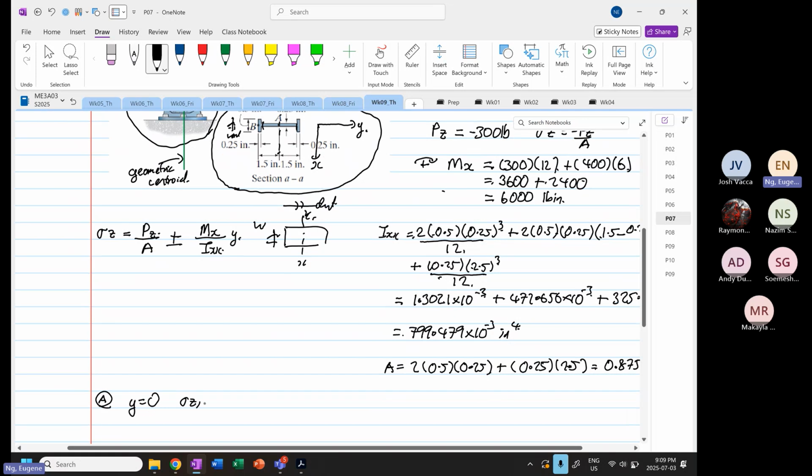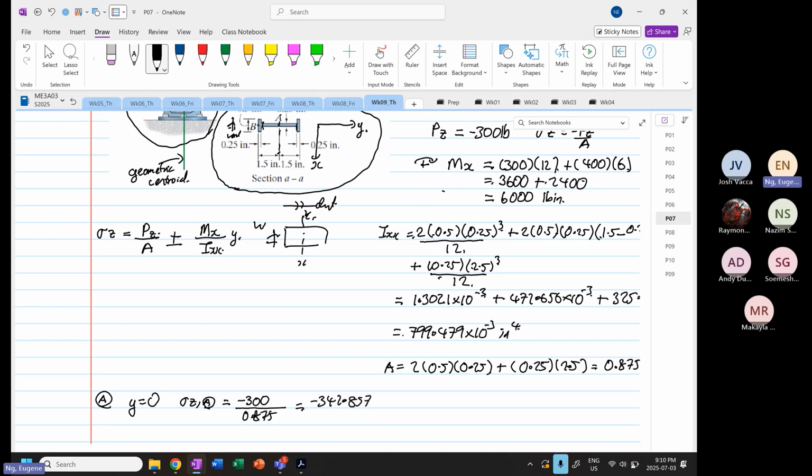So stress Z at point A is equal to minus 300 divided by the cross-sectional area, 0.875, which is equal to 342.857 psi. I don't see that answer among the options.